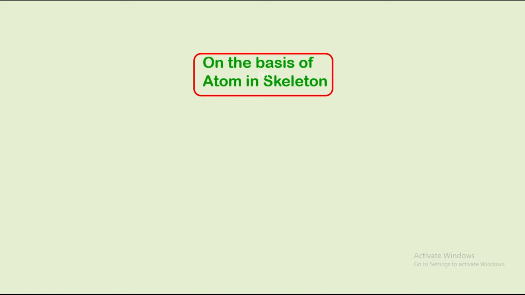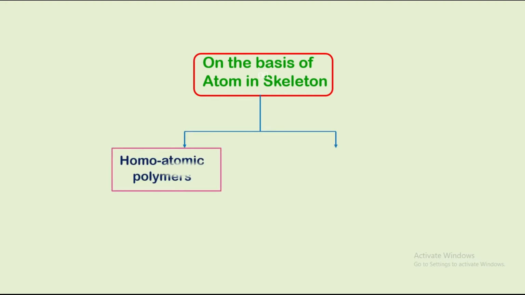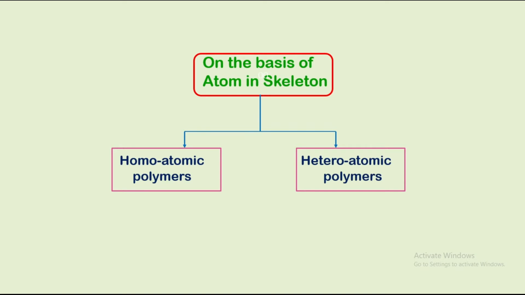First, on the basis of the atom in the skeleton, polymers are divided into homoatomic polymers and heteroatomic polymers. Homoatomic polymers contain only one type of element, for example silicon, phosphorus, tin, sulfur, or germanium. The S8 polymer is known as a homoatomic polymer.